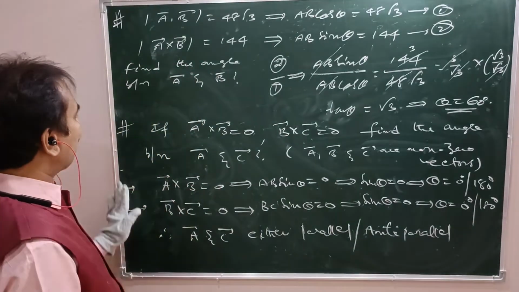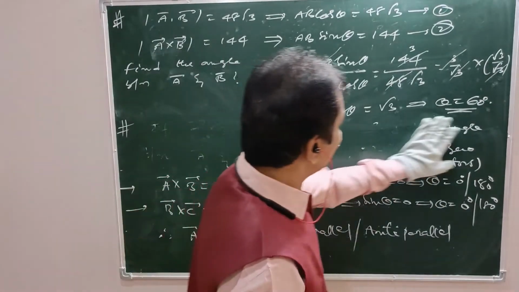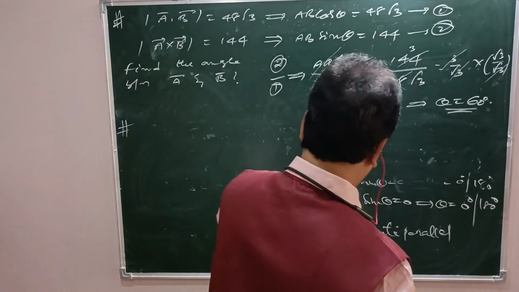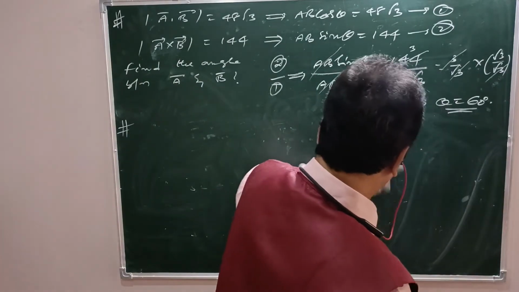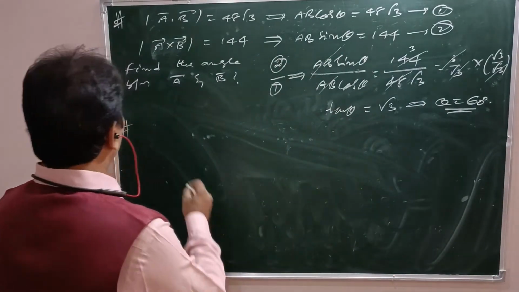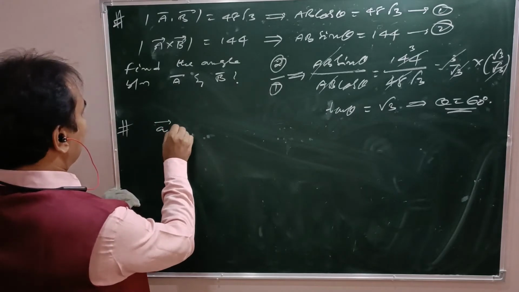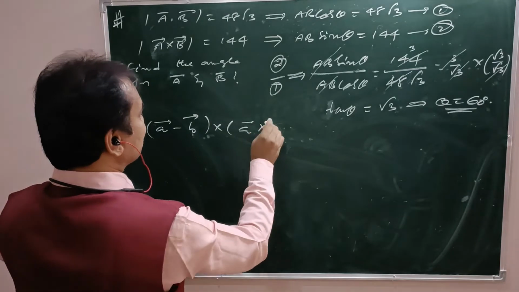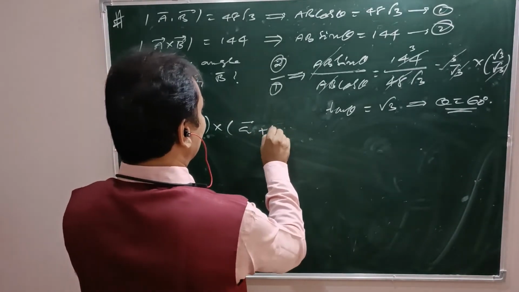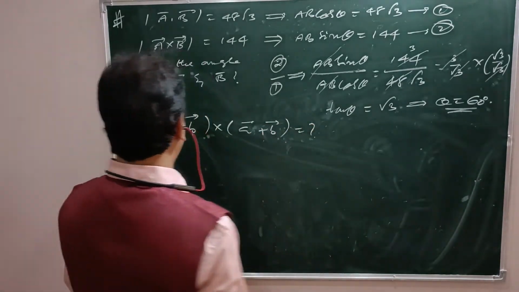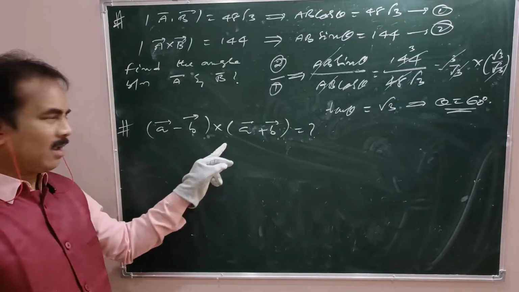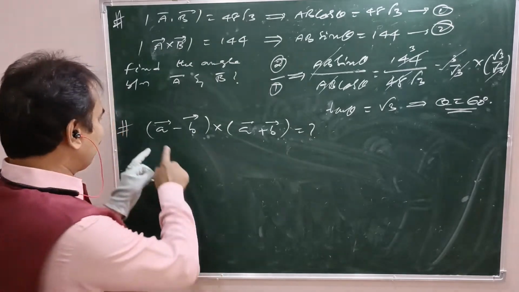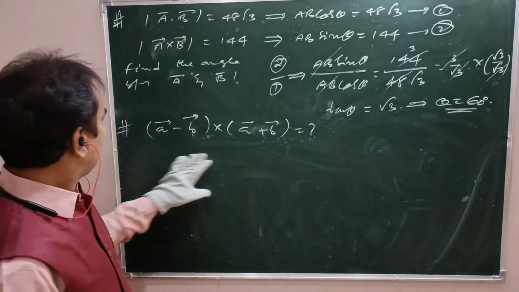Right? Now coming to one more sum. Suppose A bar minus B bar cross A bar plus B bar. Find the value of A bar minus B bar cross A bar plus B bar. We have two vectors A bar and B bar. Now we need to find this result. Right?